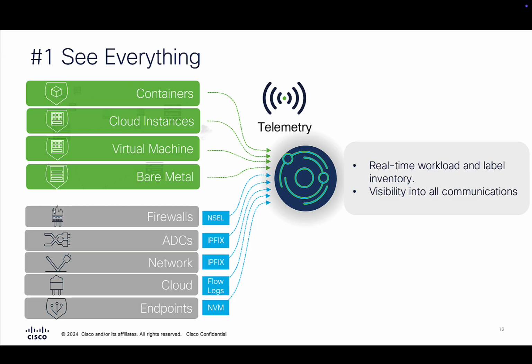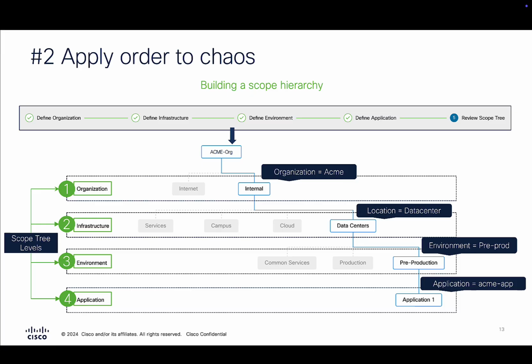So the idea is using agent or agentless mechanisms to pull asset and flow information and have that foundational visibility and asset inventory. So once you have that, what are you going to do about it?